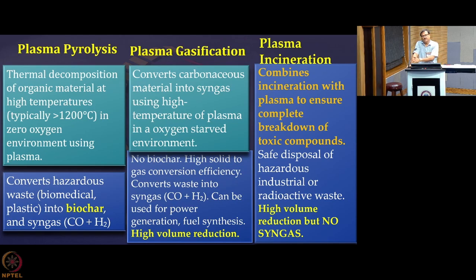So, what to do? The plasma has very high temperature. So, the C, H, and O bonds, whatever bonds are there, suppose they break. Then what happens? Carbon is freed, O atom is freed, and H is also freed. Now, H will combine with another H, will form hydrogen and go away.